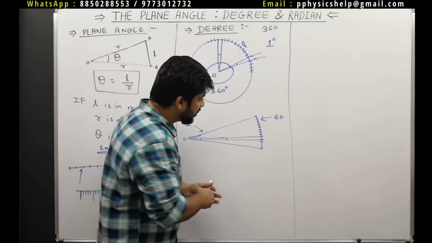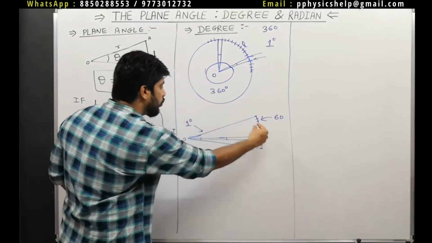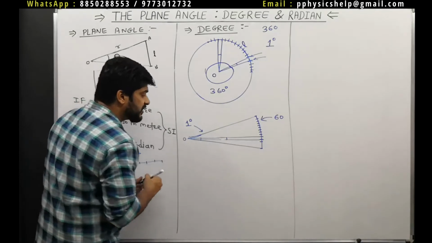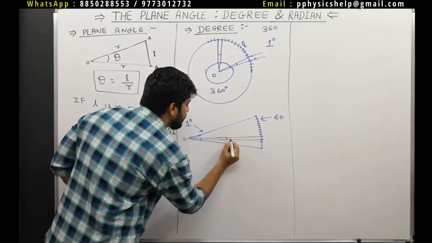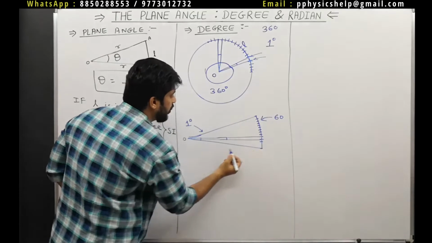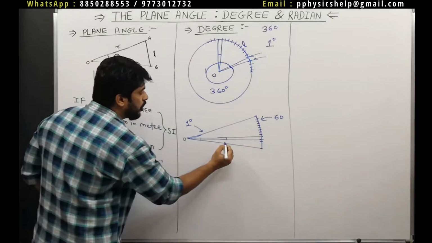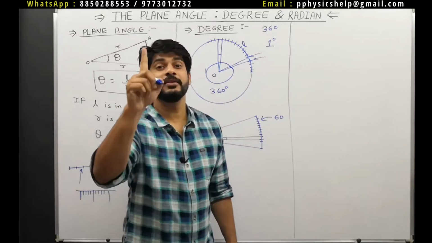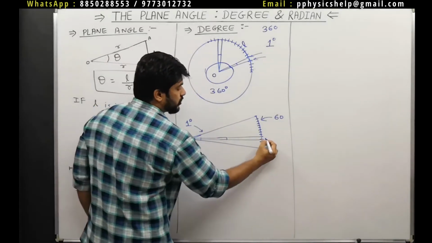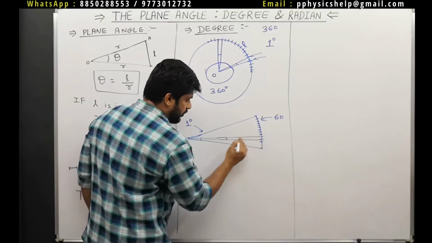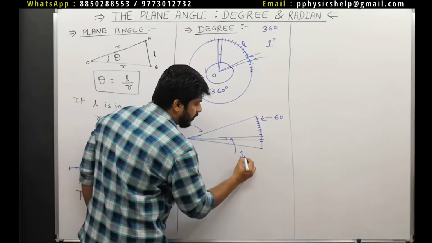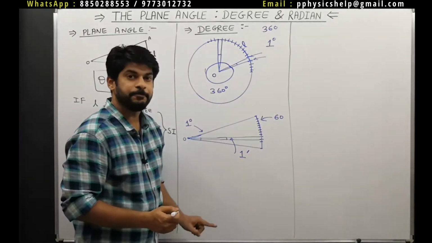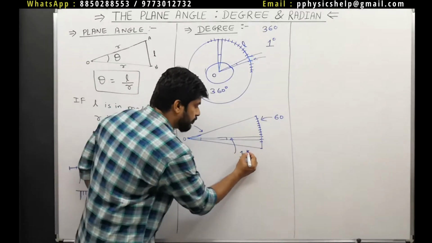Each small arc is going to subtend a certain angle at the center, and the angle subtended by this small arc at the center is called 1 minute. This is how we denote it, 1 minute.